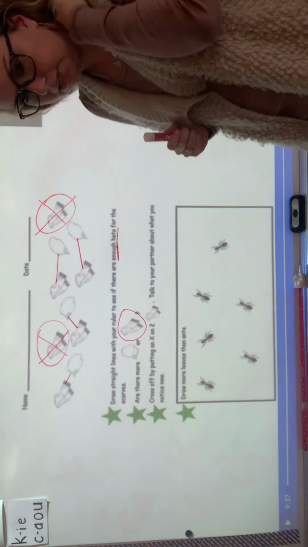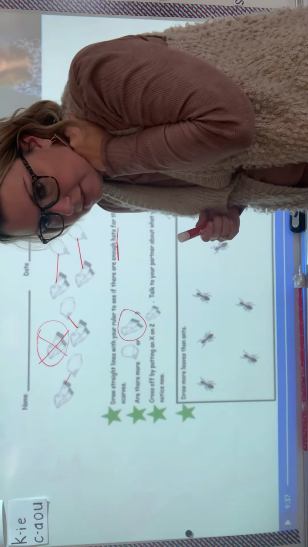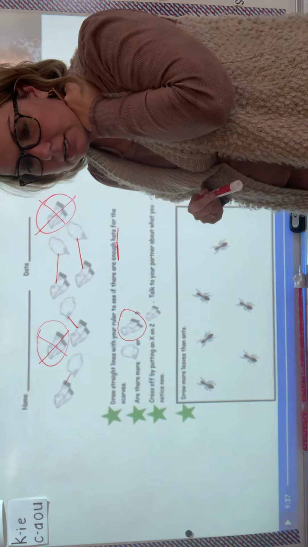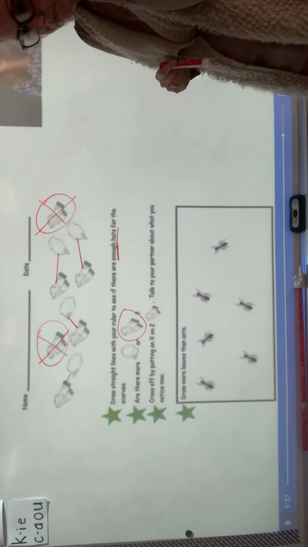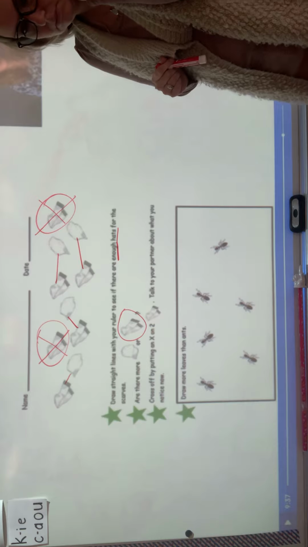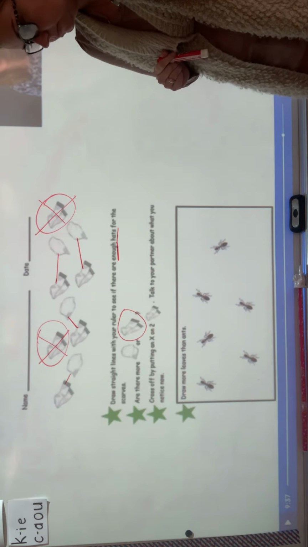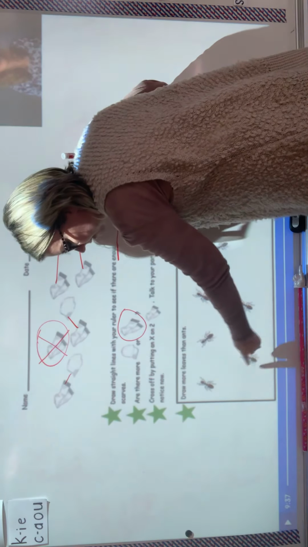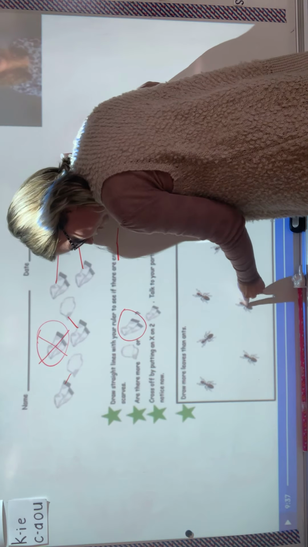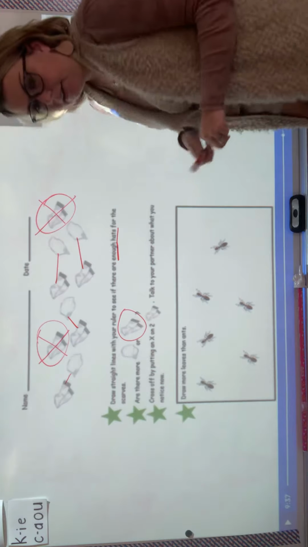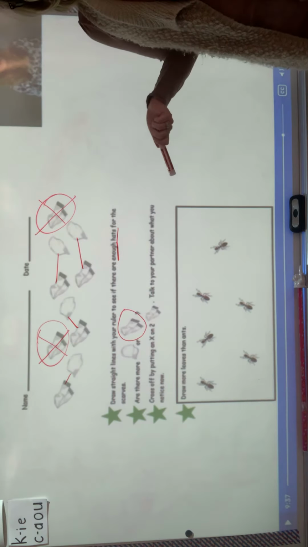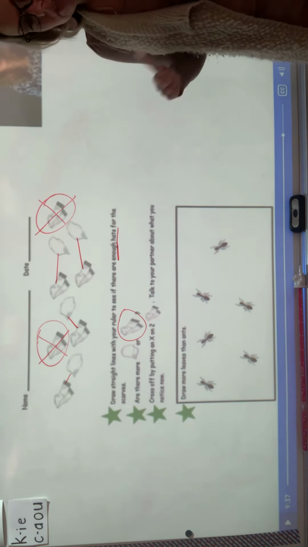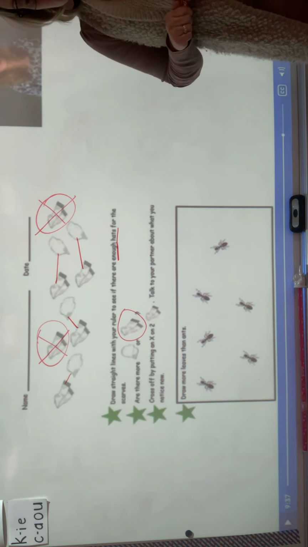Anya? You could count how many ants there are. That's true. I could count how many ants. 1, 2, 3, 4, 5, 6. And I need to make sure I draw more than 6 leaves. That's great. That is one strategy you can use.